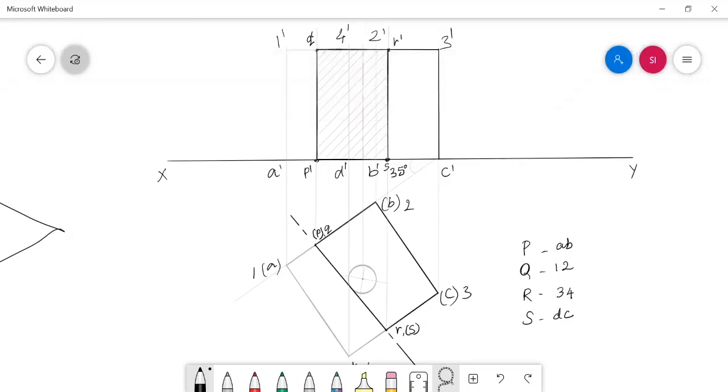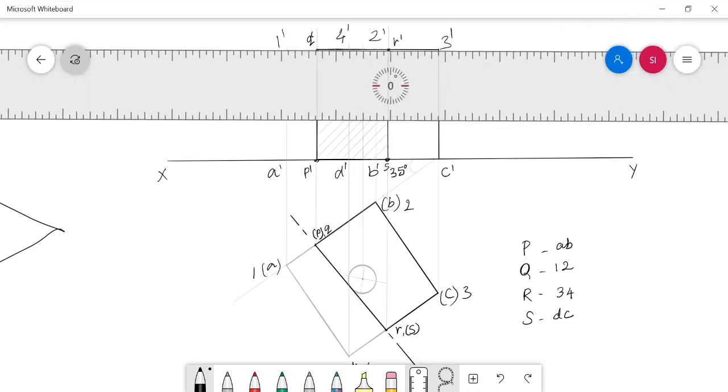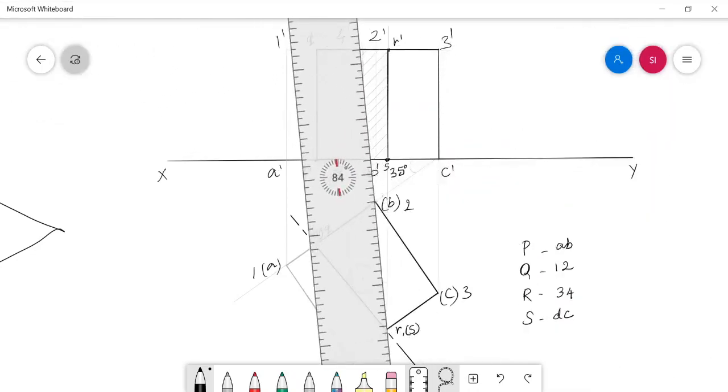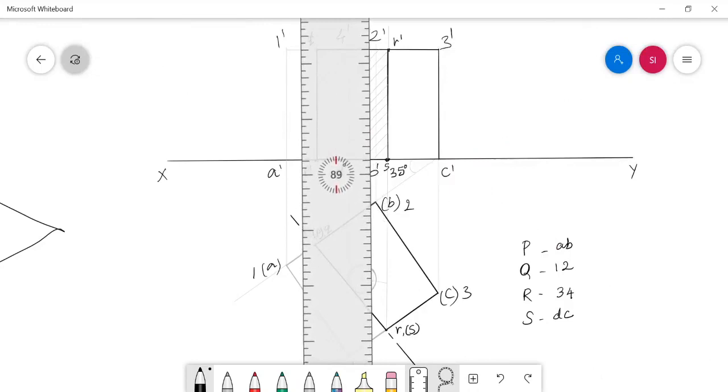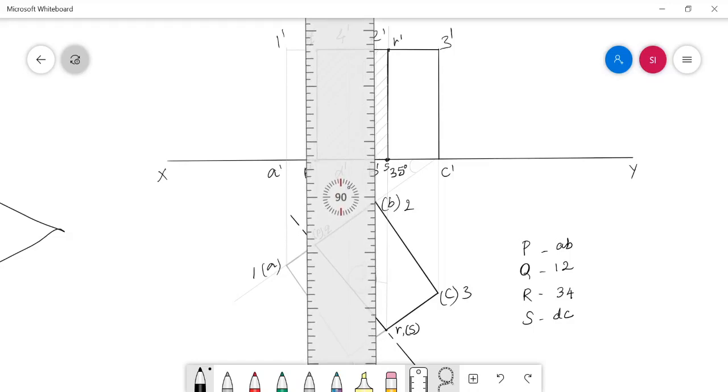And the edge B2 can be marked as a hidden edge with the proper line format.